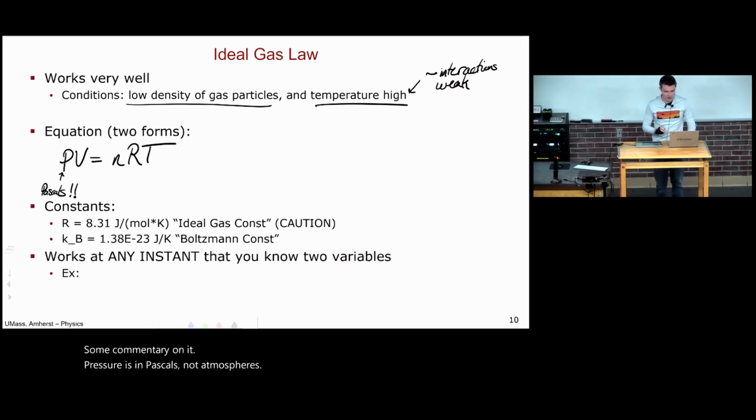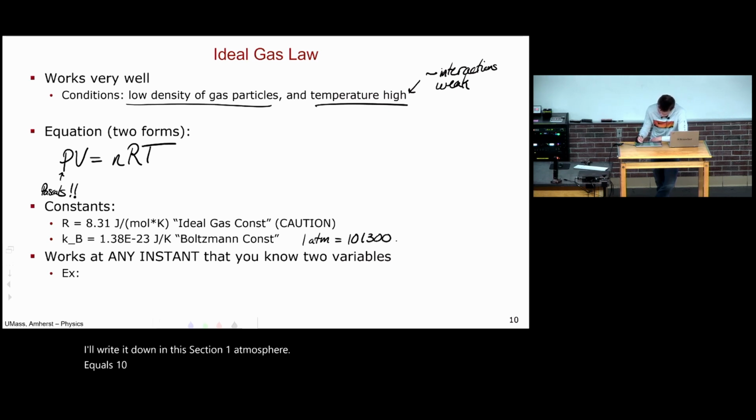The conversions are, I'll write it down in this section, 1 atmosphere equals 101,300 pascal, equals 760 millimeters mercury or torr, equals about 14.7 pounds per square inch.